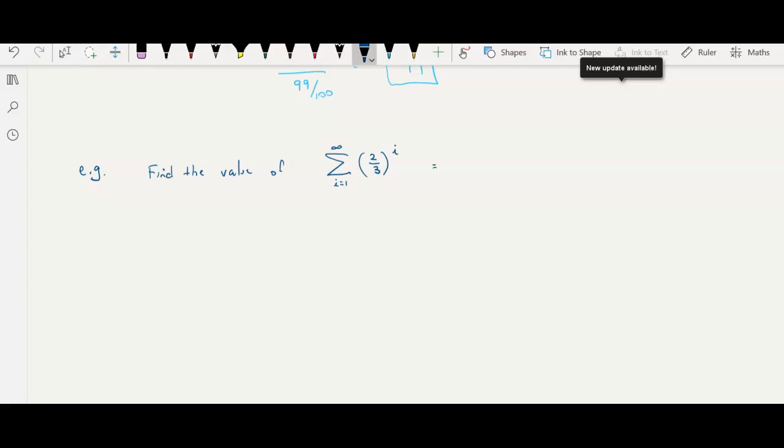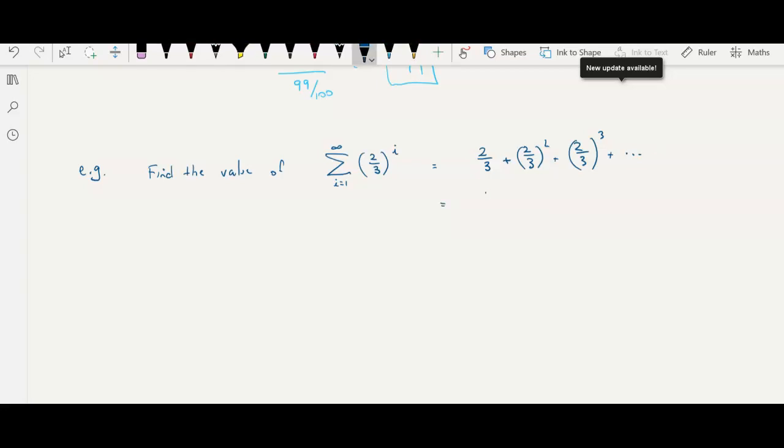Okay, so hopefully you've had a chance to look at this. We put i equals 1 in, and we get 2/3. It's sigma, so we're adding each term as we go. When i equals 2, we've got 2/3 squared. When i equals 3, we've got 2/3 cubed. And this is going on, and I'm not going to put a last term because I don't know it.